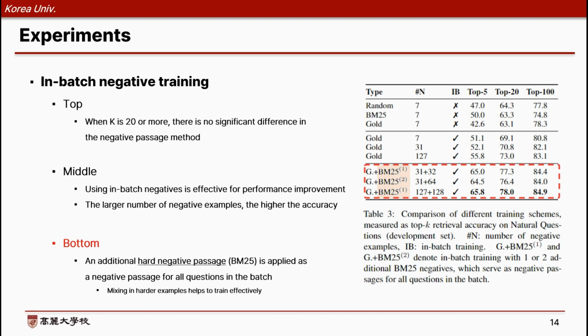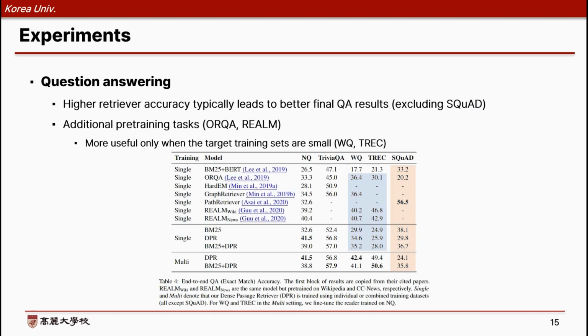Here the hard negative passage refers to a passage that is similar to the previous negative passage selection method but does not include a correct answer. Therefore, using the hard negative passage leads to performance improvement, and it can be seen that using 2 does not have a significant difference in performance from using 1.